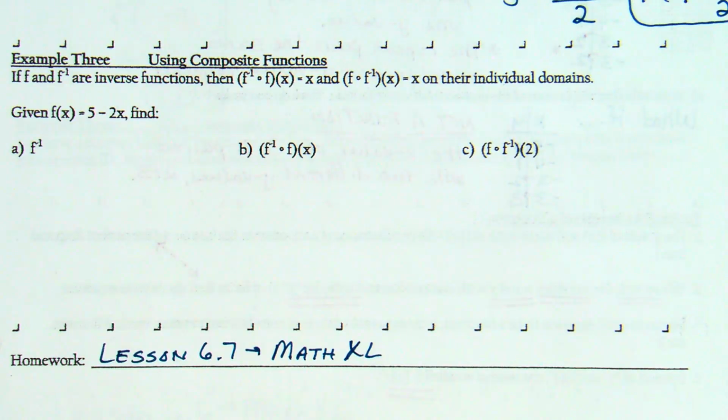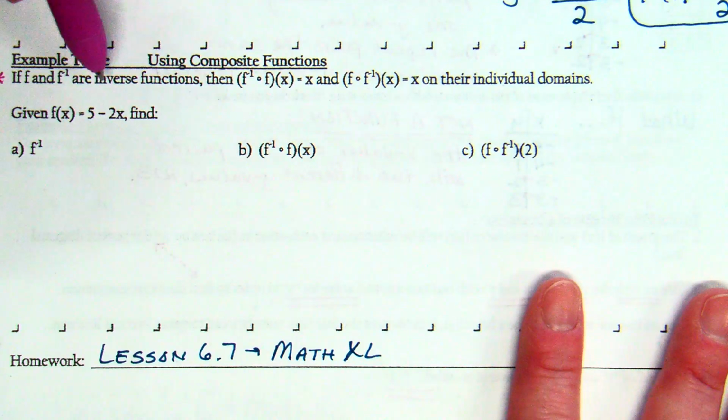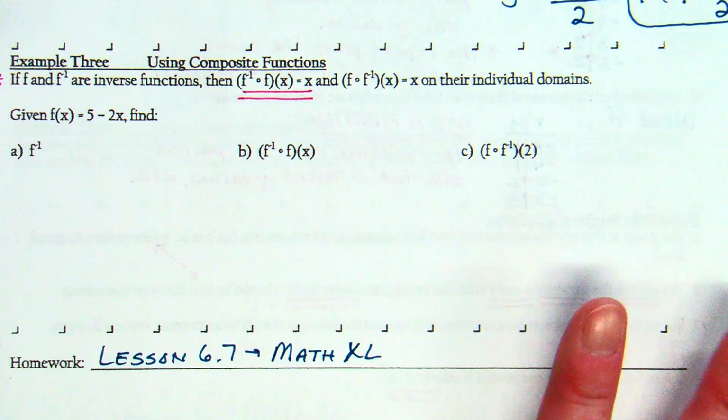So the idea here is that if a function and an inverse are truly inverses, no mistakes made, then when you put them together, they will always equal whatever their input is. So in this case, x.